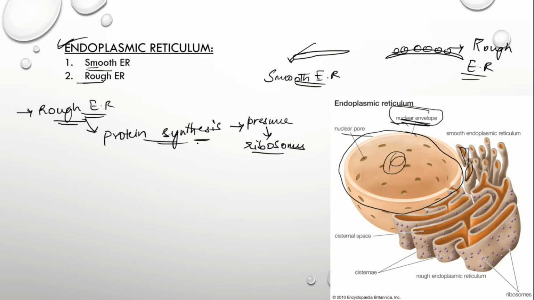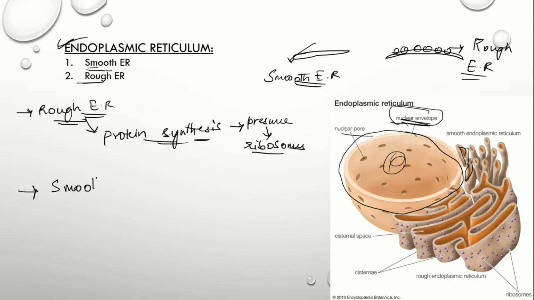If there were no ribosomes present on the surface of the endoplasmic reticulum, then absolutely there would be no protein synthesis function. This is the main function of the rough endoplasmic reticulum. It also synthesizes general proteins, and it can produce some molecules.